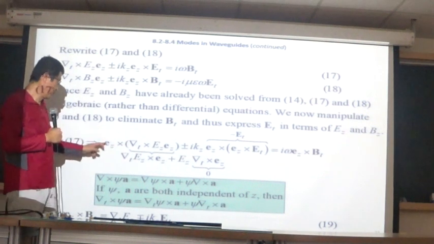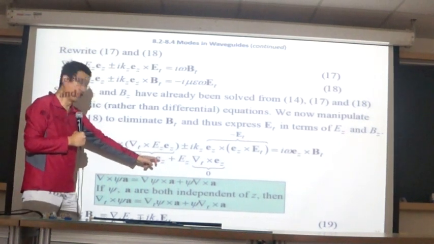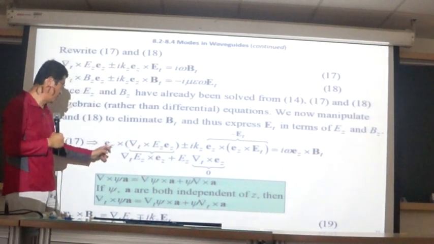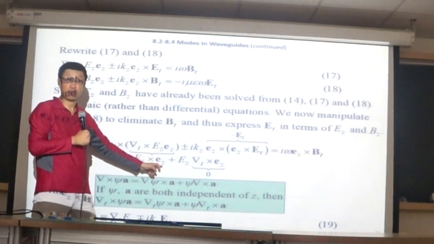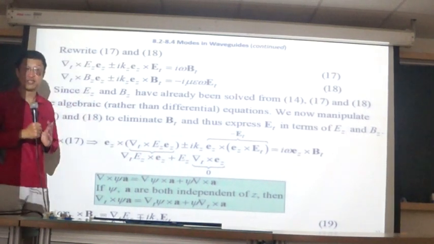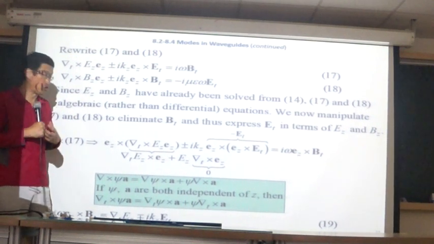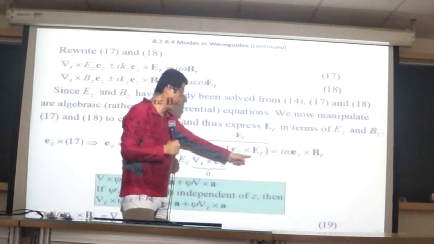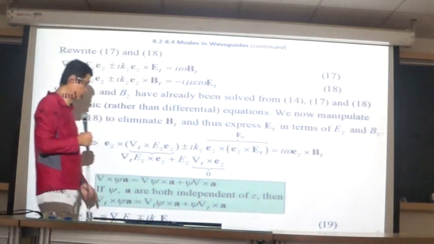And this one, EZ cross these terms. It's not an operator, just an outer product. Okay, so it's a cross. And this one is 0. And this one gives us one thing, minus ET. Okay? Looks okay.